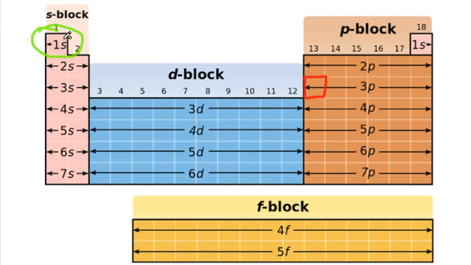Okay, so we're starting at hydrogen, and we're basically going to read through all of the boxes until we get to the one that we're interested in, in this case the one I've highlighted in red, aluminum's box. Starting at hydrogen, to get to aluminum's box, we have to move through the 1s1 box over through the 1s2 box.